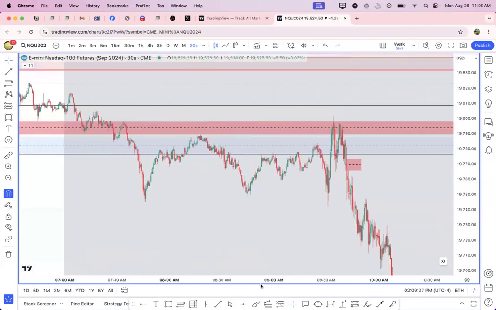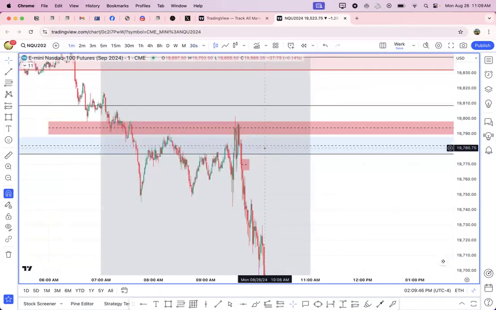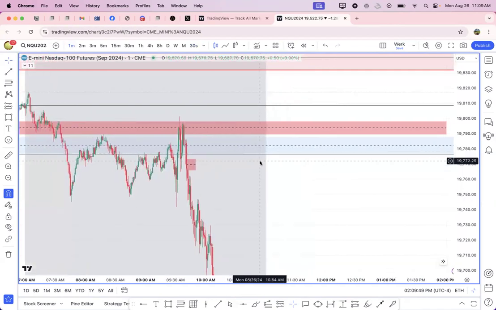So I think that I got, what's happening here? I saw an entry on the 30-second. I saw an entry on the 1 minute for the short. That's all I'm looking for on a day like today.